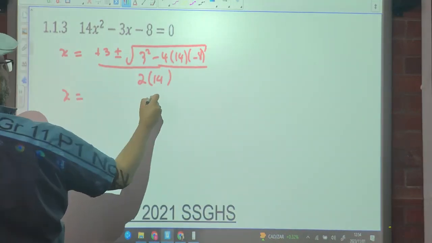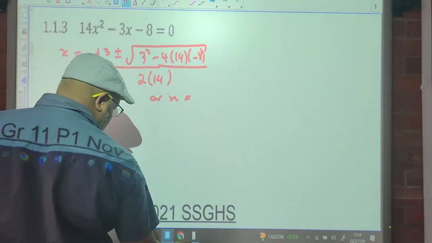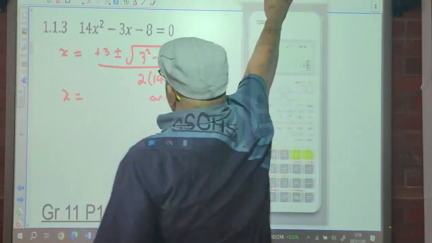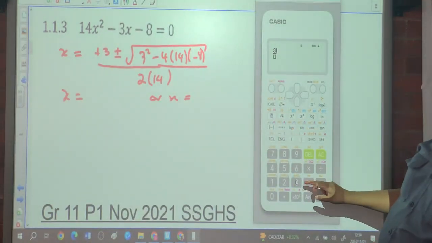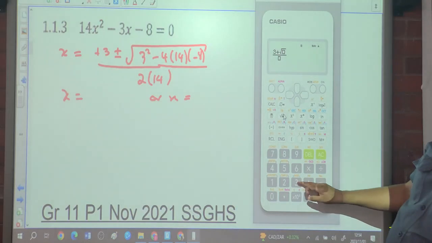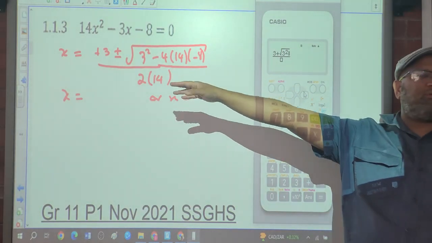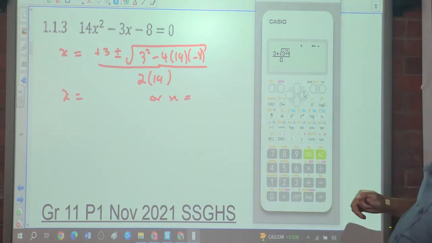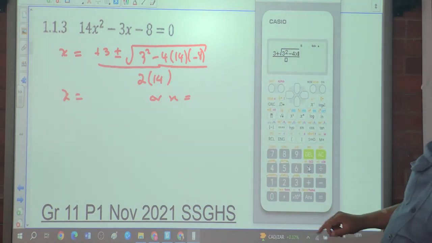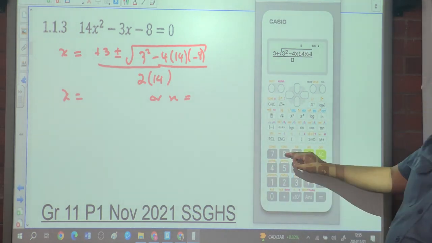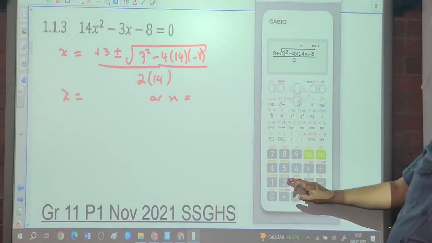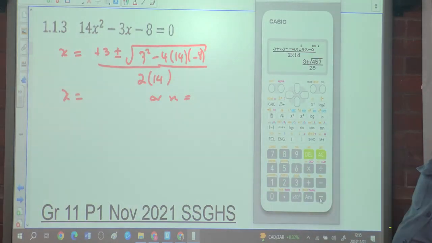Okay, so x works out to be one of two values. So we say 3 plus the square root of 3 squared. If it's negative 3 squared, it will always be positive. That's why I dropped the negative there. Minus 4, your a value is 14, and your c value is negative 8. And that's over 2 times 14.